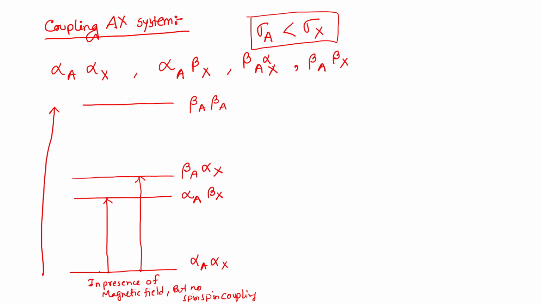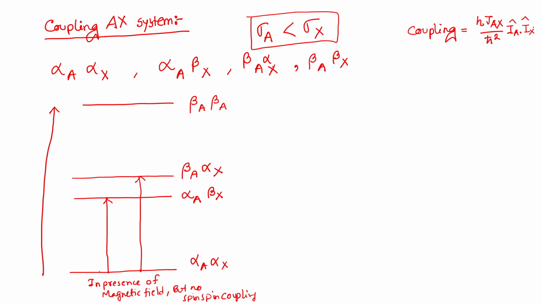So that raised our case that when there is no spin-spin coupling, this is the energy state, and the coupling energy is going to depend on something like h J_AX by h cut square, times the dot product of the spin vectors I_A and I_X.